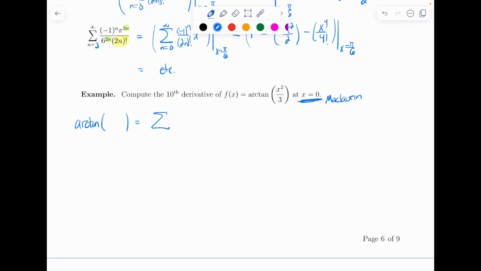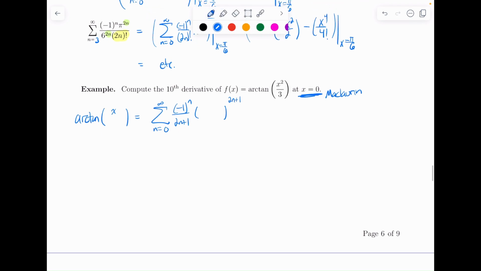When we did that, it was equal to (-1)^n over 2n plus 1, starting at 0, times its variable to the 2n plus 1. But in this case, the variable is x squared over 3. So there's x squared over 3.